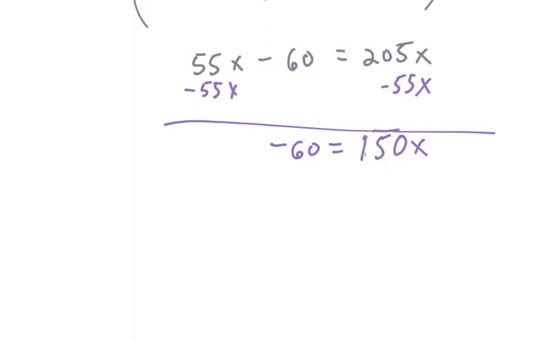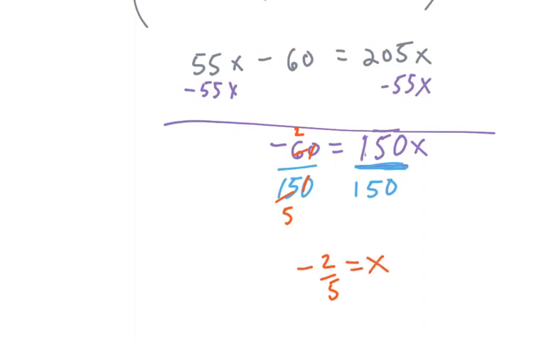And then I'm going to divide through by 150. The zeros will cancel out. 6 and 15 are both divisible by 3. So 2 and 5, so it's negative 2/5. And there's my answer.